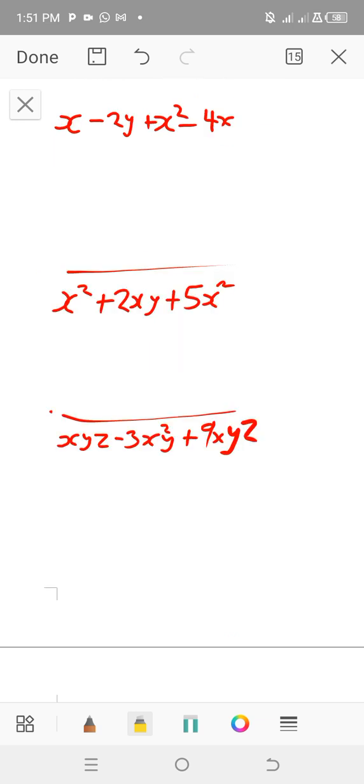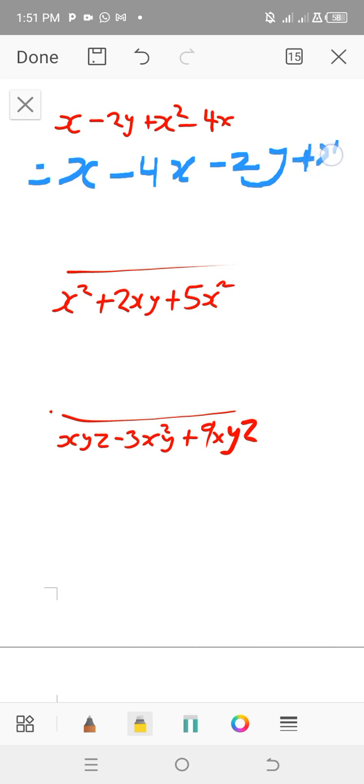The next question here is x minus 2y plus x squared minus 4x. If we rearrange, it's going to give us x, then the like term to that is minus 4x, then minus 2y plus x squared.